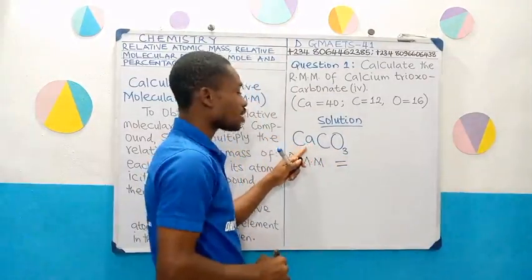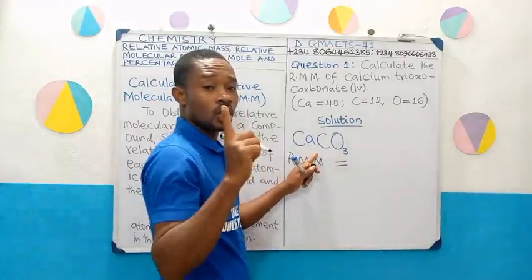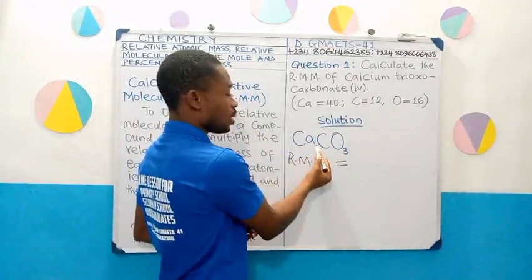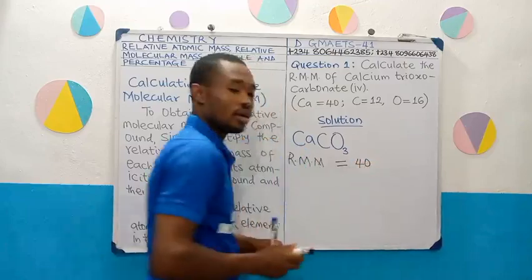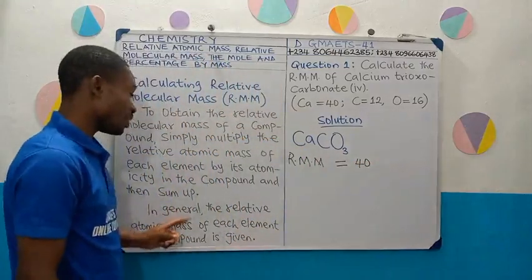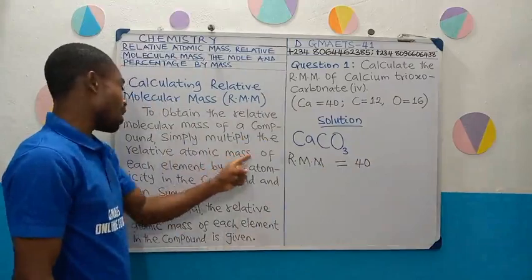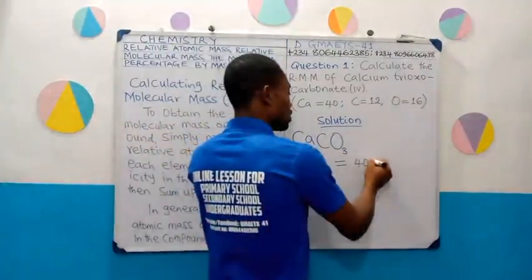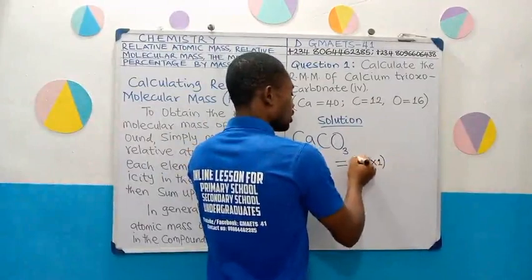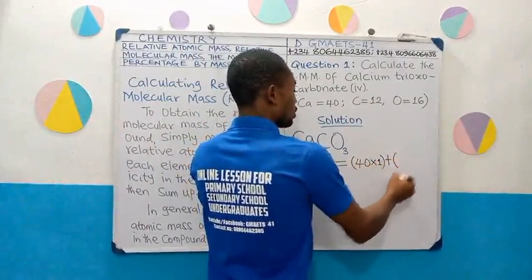How many calcium atoms do we have in this compound? Only one. Remember, invisible one here. So you're going to put 40 for that. Remember, we said you have to multiply the relative atomic mass of each element by its atomicity. How many atoms of calcium do we have? We said 1.